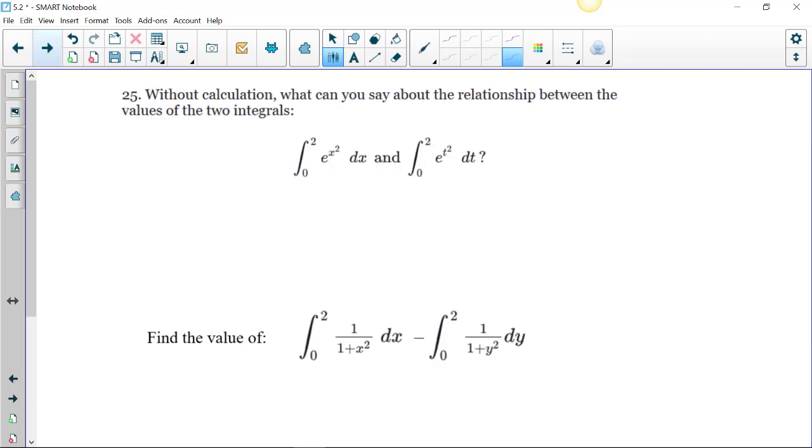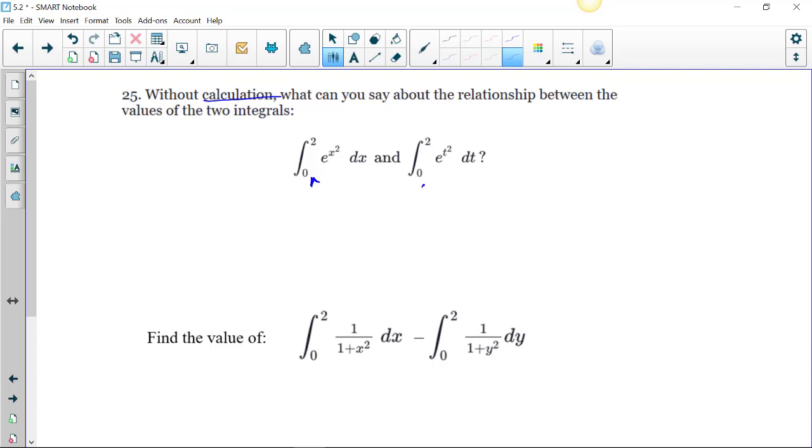Okay, so let's do some more approximating. Oh, but before we do, let's talk about this. So without calculation, what can you say about the relationship between the values of these two integrals? Okay, well, when I look at them, same lower and upper limits of integration. This one's e to the x squared dx, and this one's e to the t squared dt.